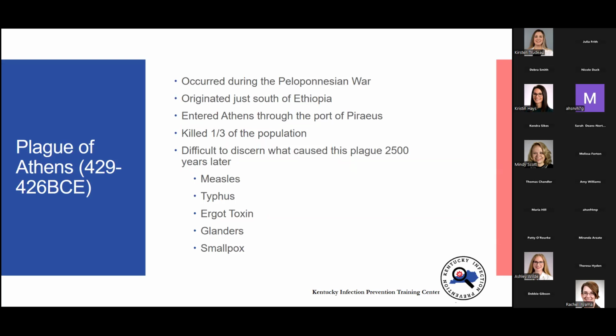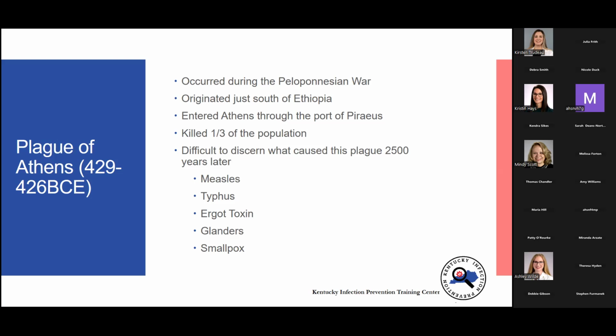So the plague of Athens, between 429 and 426 BCE, occurred during the Peloponnesian War. It originated just south of Ethiopia and entered Athens through the port of Piraeus. It killed about a third of the population, and it is still difficult to discern what caused this plague even 2,500 years later.